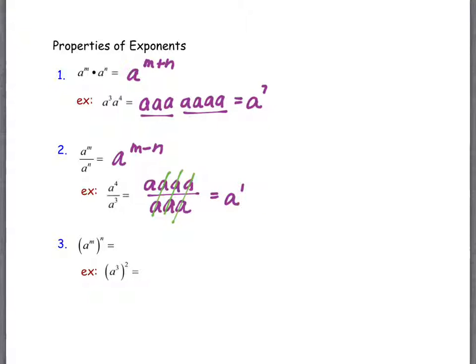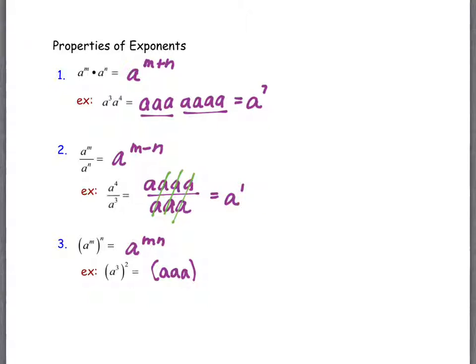The third one, when I have an exponent raised to an exponent, we've got this going on, right? So we have a base and an exponent raised. And we're going to look at a cubed to the second. So a cubed, as you guys said, was a times a times a. And when you raise something to a second power, it means to multiply it by itself.